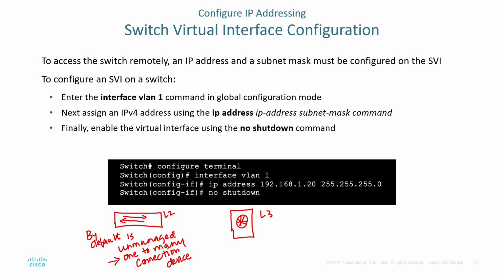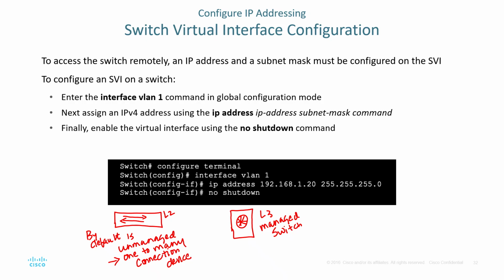A layer 3 switch is more of a managed switch. You have more capabilities in your layer 3 switch than you do in your layer 2 switch, but that is beyond the scope of this course.